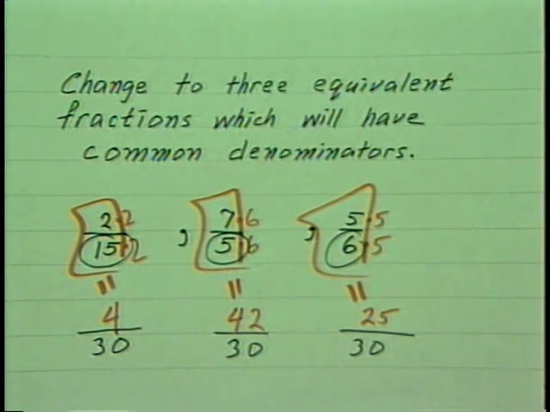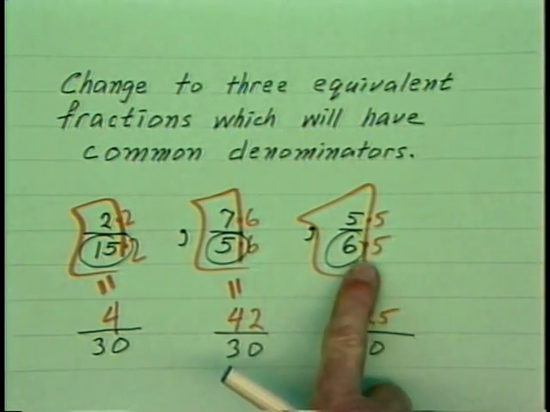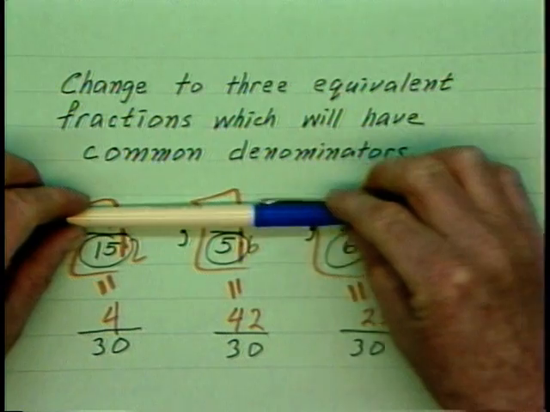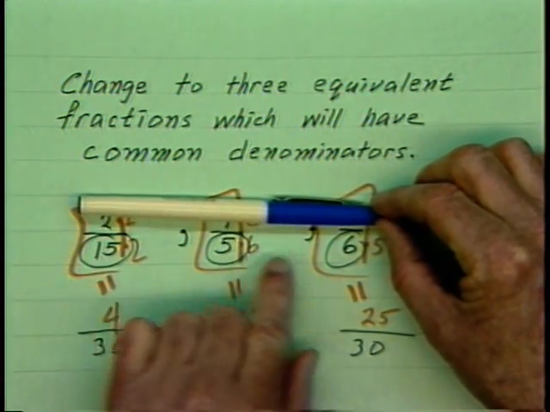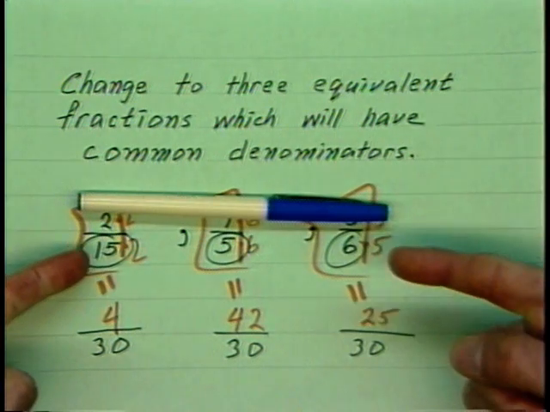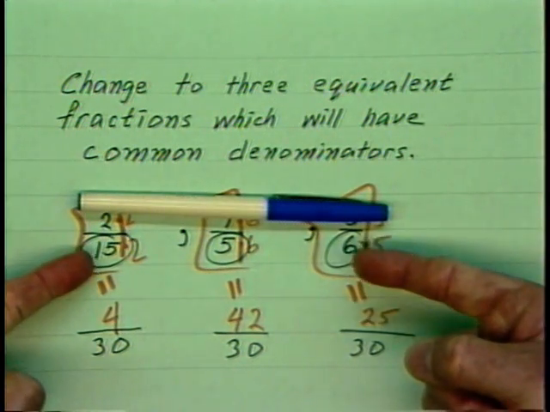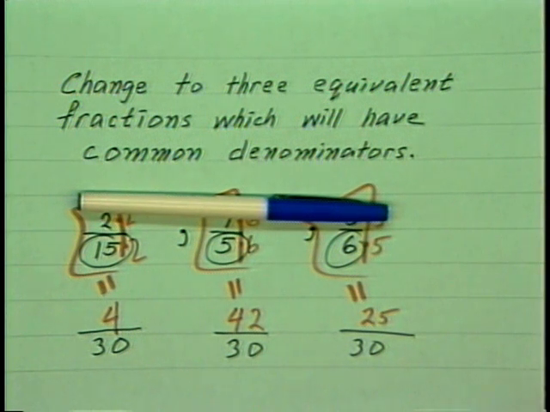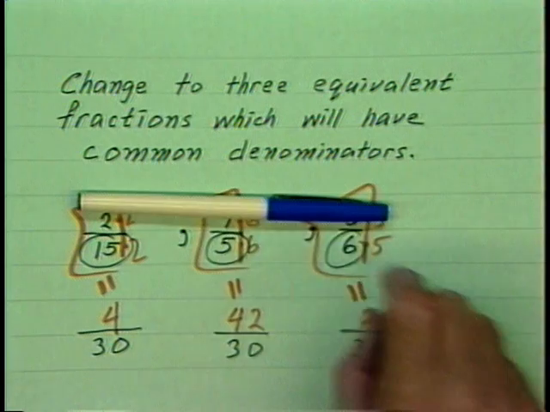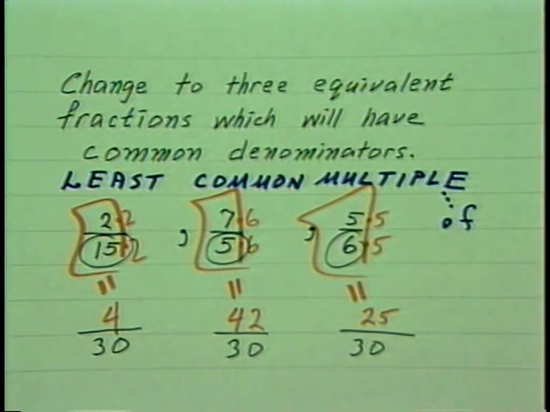And again, remember from chapter 2, what we're really asking here regarding these three numbers, the fact that they're bottoms of fractions has nothing to do with it. They're simply three numbers, and we're asking what's the lowest number that each of these three will divide into, and that's 30. So in short, we're asking for the least common multiple of these numbers.